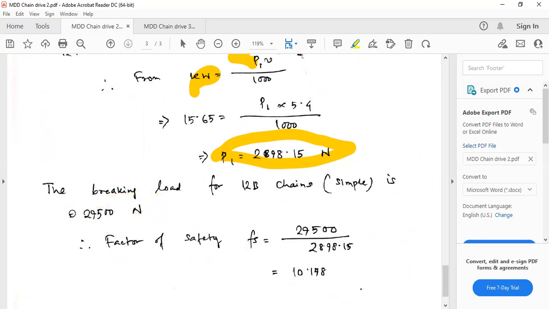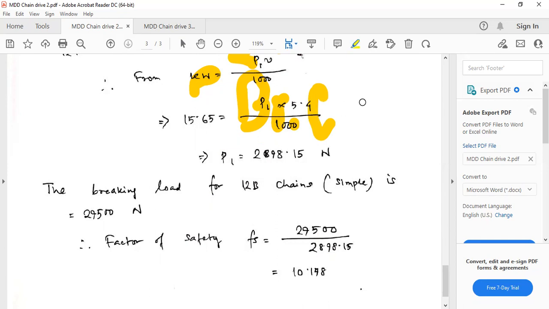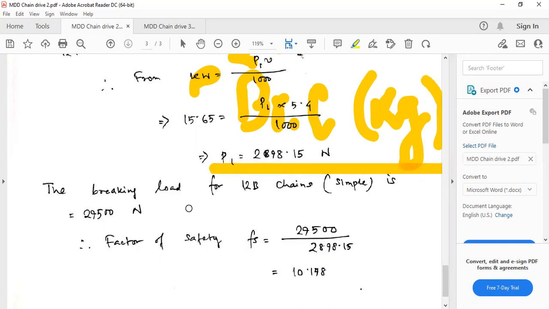One catch in the data book you are given: in the last column, this breaking load is given in kg. Remember this. So the value for the 12P chain will be given as 2950 kg, but we need the breaking load in Newton.